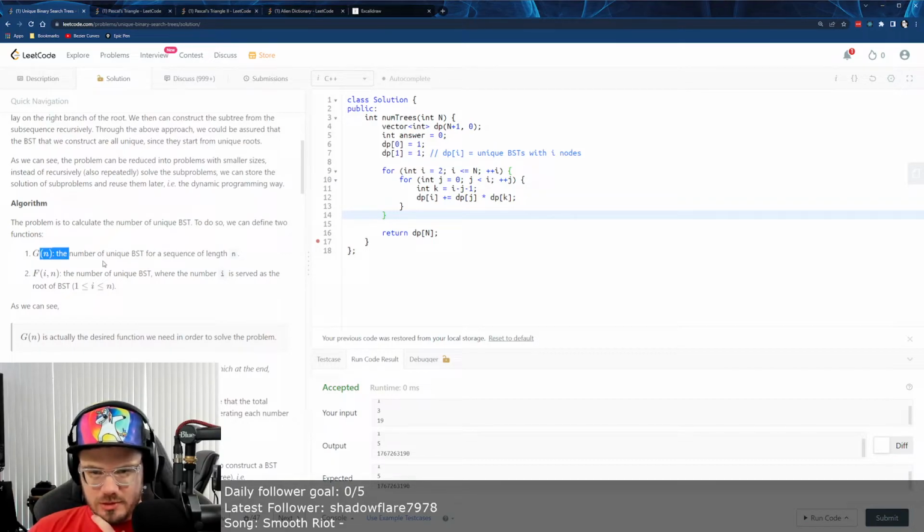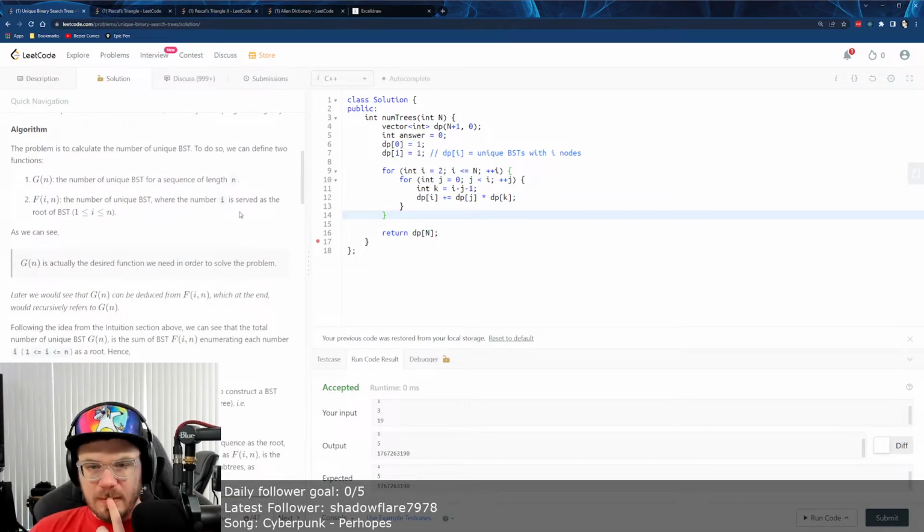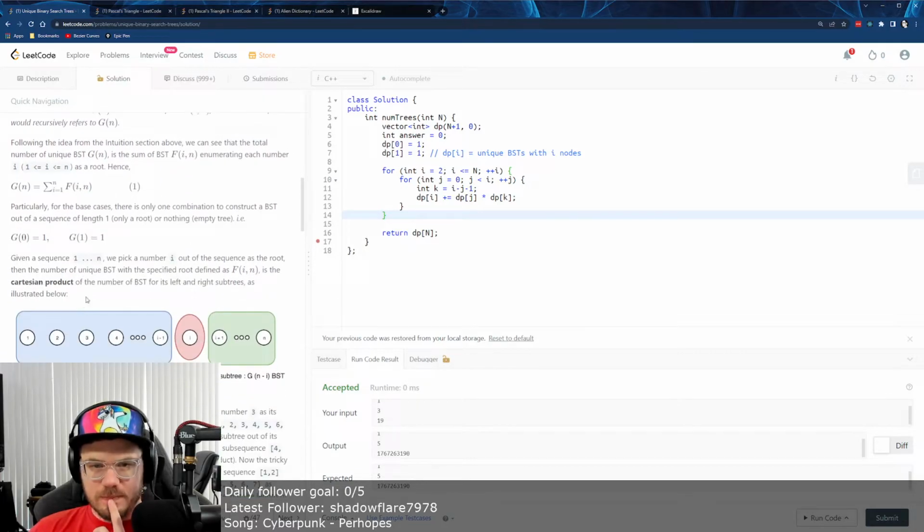So G of n is the number of unique binary search trees for a sequence of length n. F of I in n is the number of unique binary search trees where the number I serves as the root. Okay. G of n is the desired function we need in order to solve the problem. Later we would see that G of n can be deduced from F of I in n, which at the end would recursively refer to G of n.